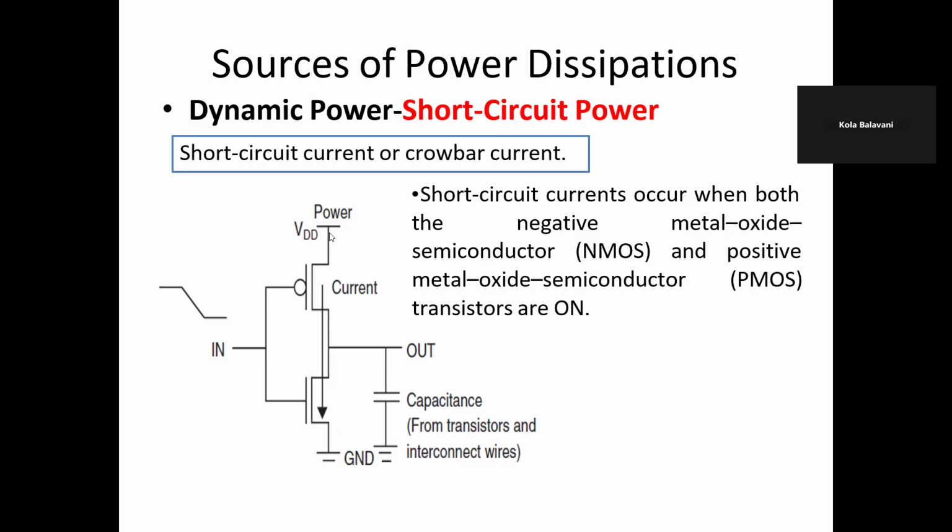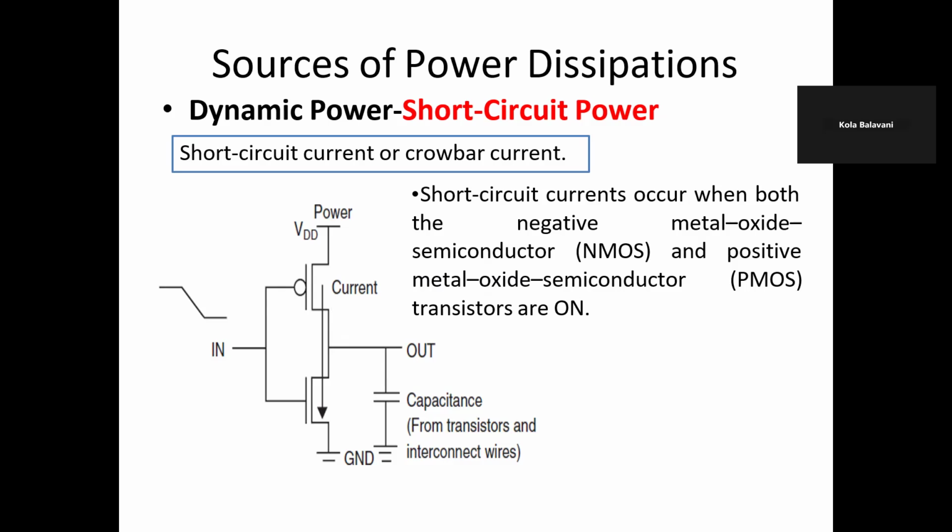You can observe here that a direct path is forming between VDD and ground. Because of this unnecessary action, it dissipates power.